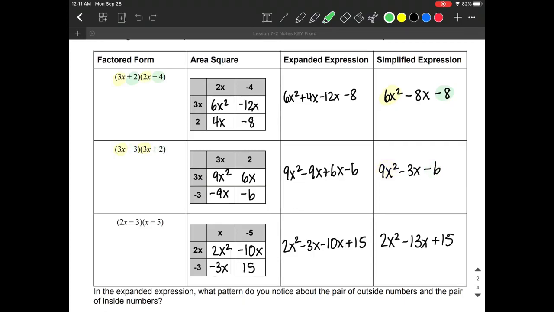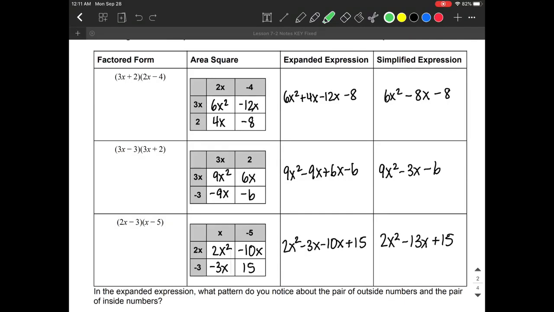No, there's too many numbers here, too many things going on. I can't go directly from simplified form to factored form unless I guess and check. There isn't one perfect way to always go back from simplified expression to factored form.